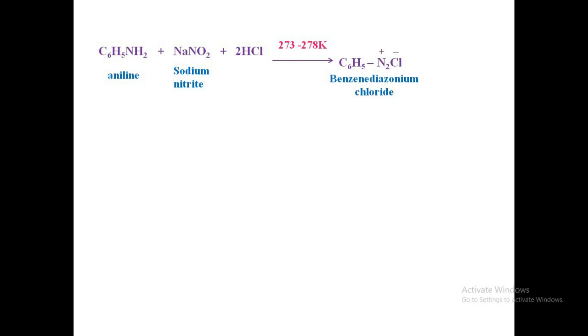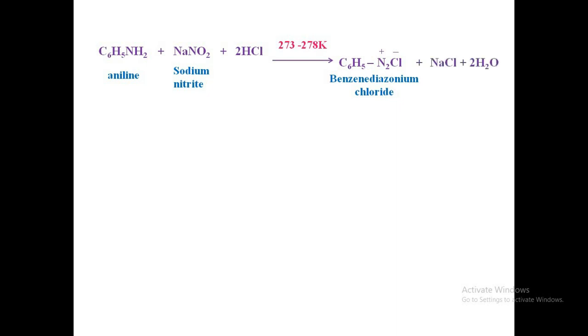When aniline molecule is treated with sodium nitrite in presence of concentrated hydrochloric acid at a temperature of 273 to 278 Kelvin, formation of benzene diazonium chloride occurs as C6H5N2+ Cl- along with sodium chloride and water.